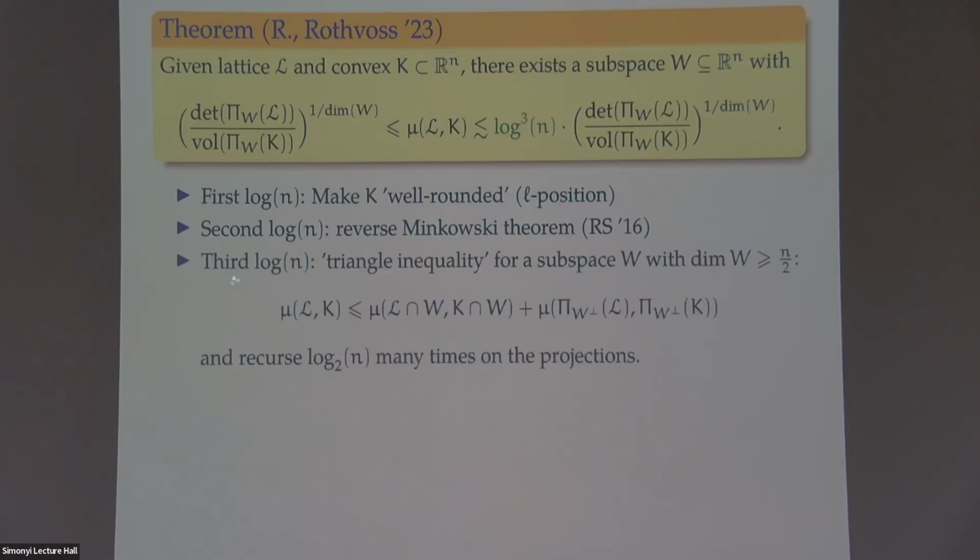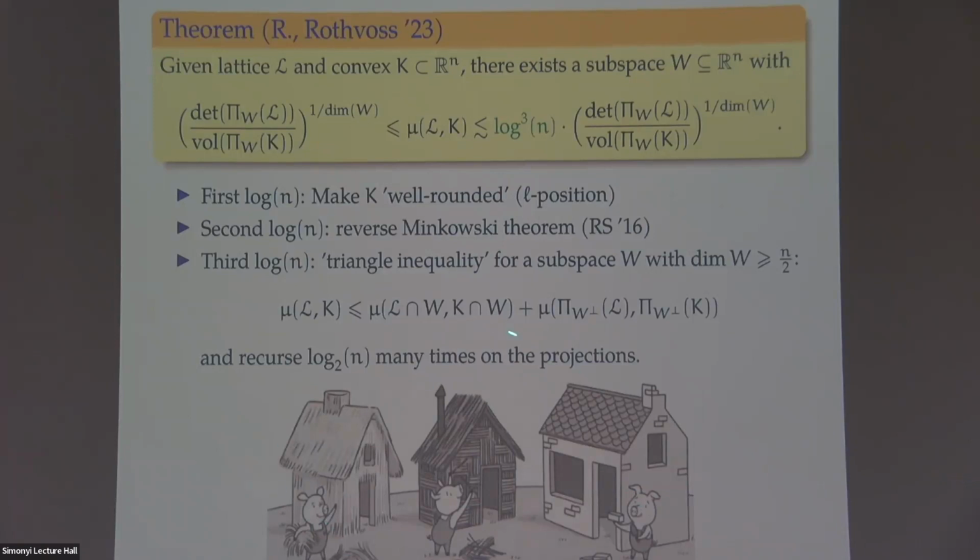There's a third log from the argument, which is that we have to apply some triangle inequality for the covering radius of the lattice and the convex body, and we need to recurse on the projection, so that takes log many iterations. Yeah, this is probably where I lost everyone, but I just wanted to give a high-level idea. And a story to think about this is this classical story where you have three logs, and at least one of them cannot be removed. We know that when K is a simplex, there is at least a log factor here. So some of these logs can be removed.